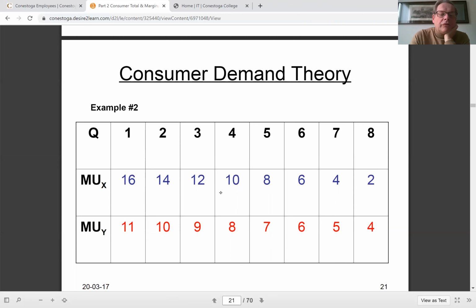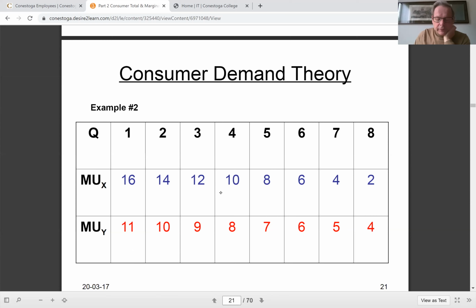But if we spend $2 on Y, we can buy the first Y and get 11 units of satisfaction. Then we have $1 left, and we can buy the second one. We spent $2, but we have 11 plus 10 units of satisfaction for a total of 21. 21 is greater than 16, so the logical choice is to buy the first two Y's.